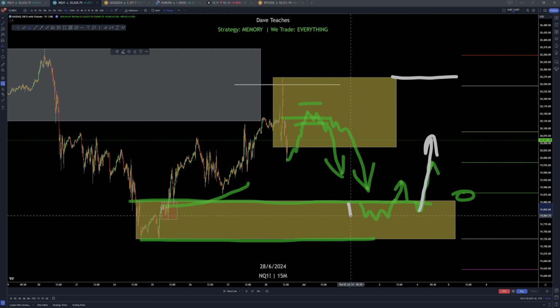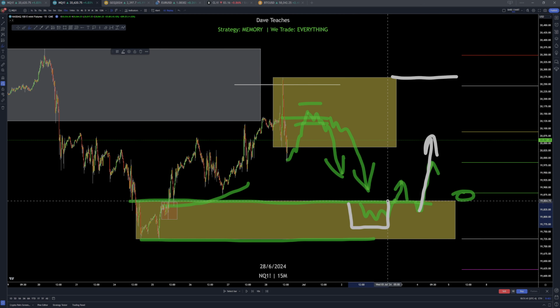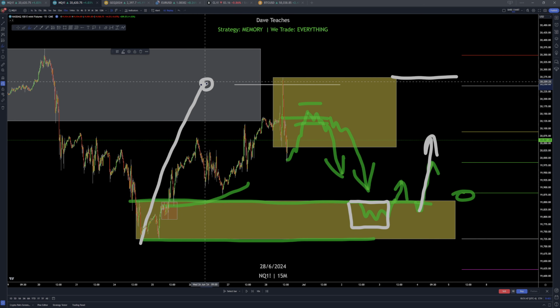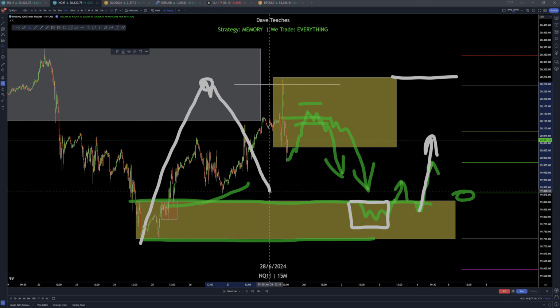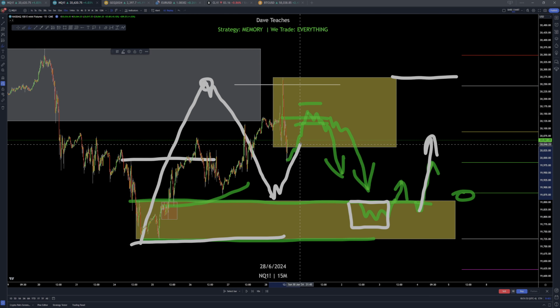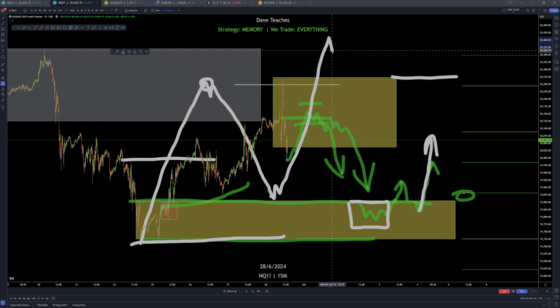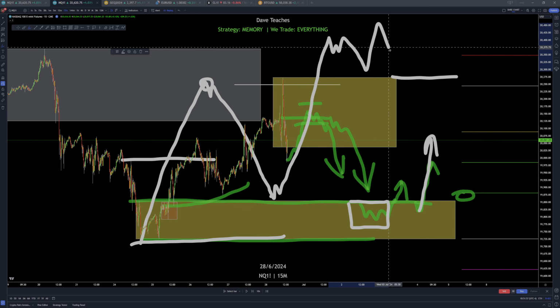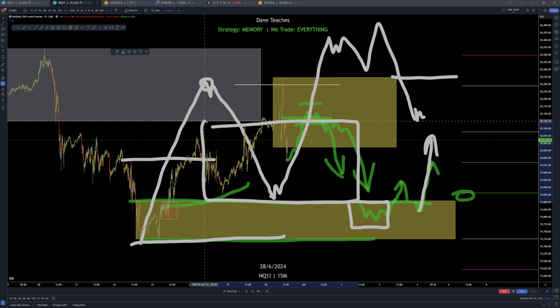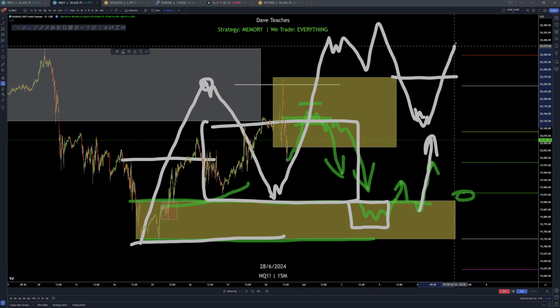Now, obviously, we would have to see our confirmations within here, but we know price goes from high, right, to low, back into where it originally traded out of, to high, to low, back into where it originally traded out of, right, to high.